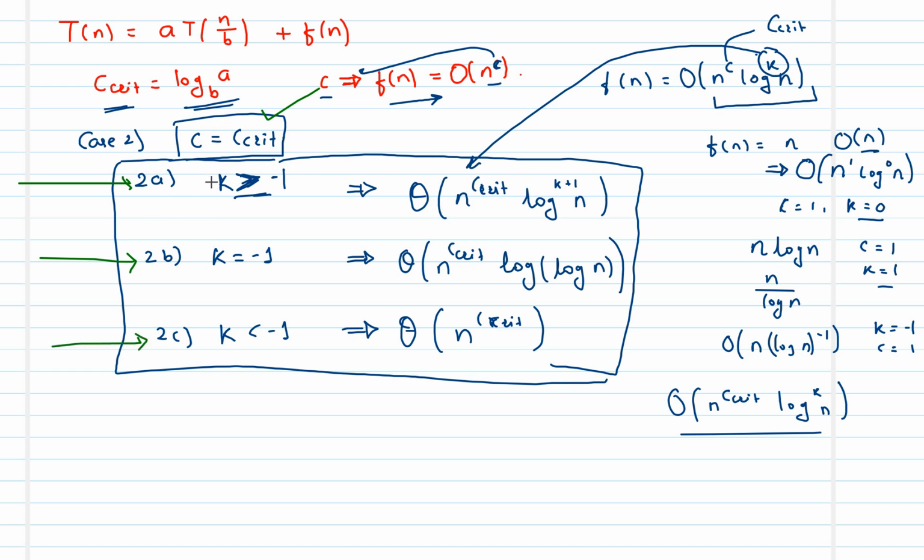If k is greater than -1, the complexity of T(n) is given as theta of n to the power c critical log n to the power k plus 1. If it is -1, then theta of n to the power c critical log log n, and if it is less than -1, theta of n to the power c critical.